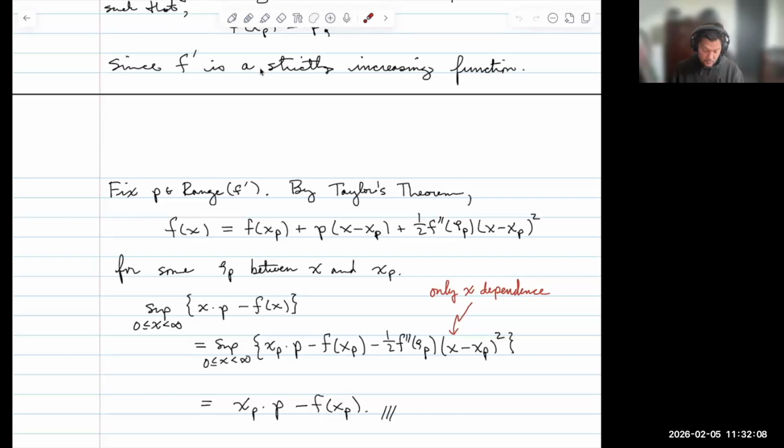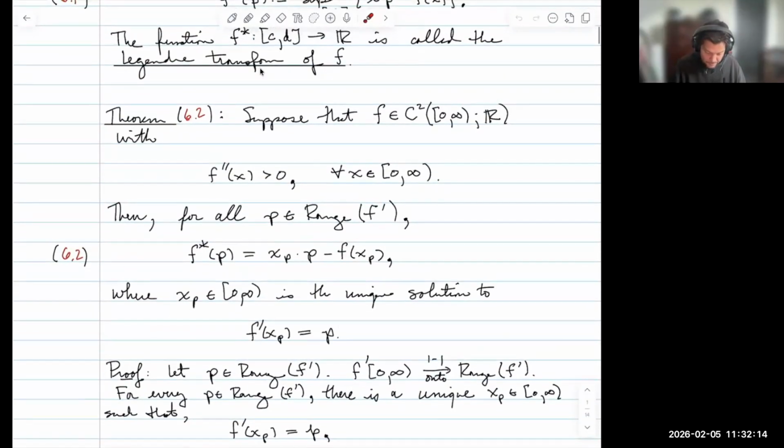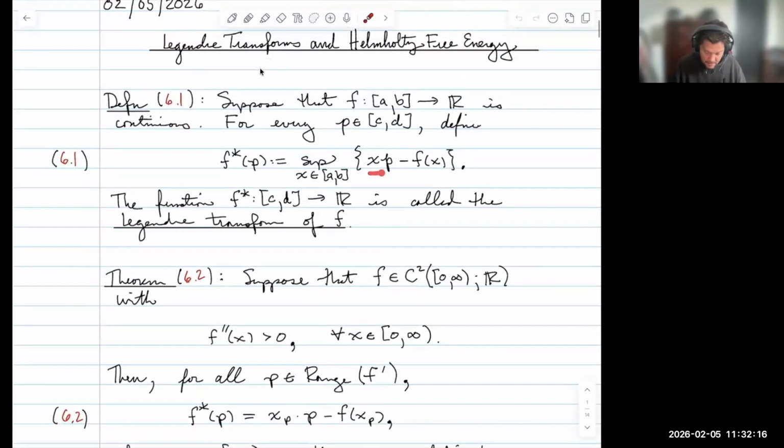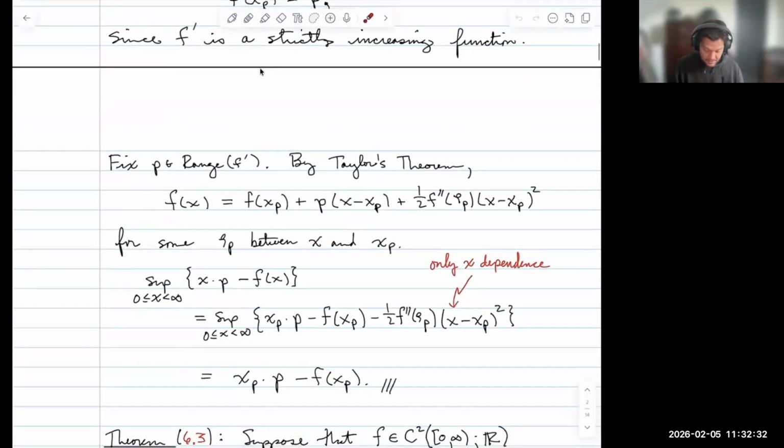And so what do we have? We're going to use the definition that we had up here. That involves the difference of objects: arbitrary x from the domain times p, where p is just some fixed number, minus f of x. So notice we now have this Taylor theorem. We have those objects here, f of x and p times x.